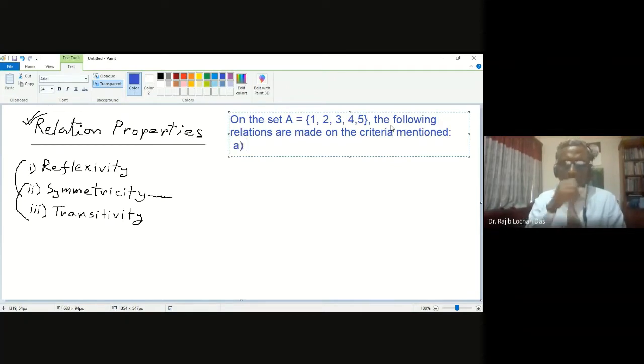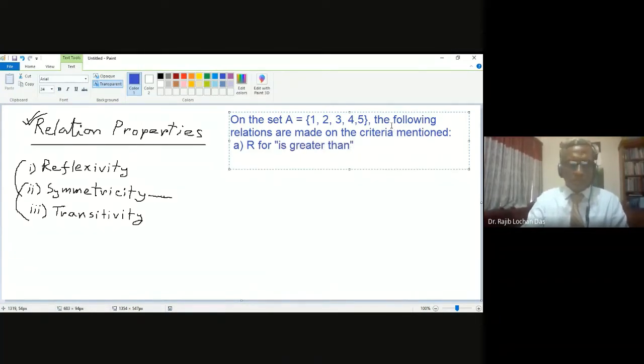Say R1, for this criteria, I am writing "is greater than".